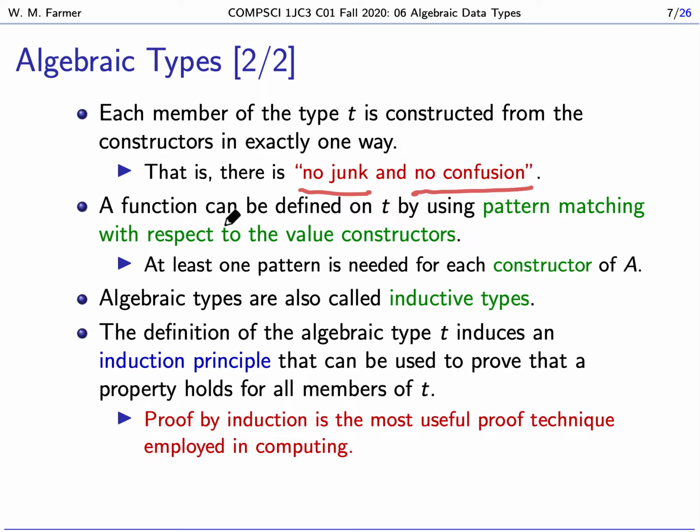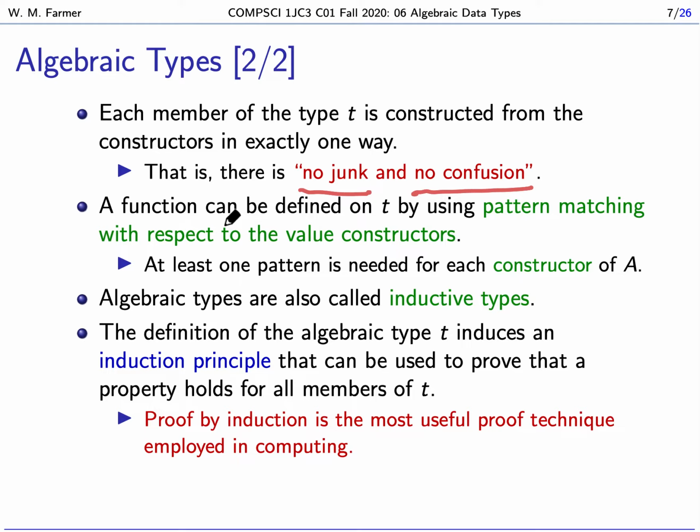Now, algebraic types are also called inductive types. So keep that in mind. And once we define an algebraic type, it induces an induction principle. So this is a principle for how we prove a statement about all members of T. And I'll just point out, and this is something you'll see in subsequent classes, proof by induction is the most powerful proof technique employed in computing.